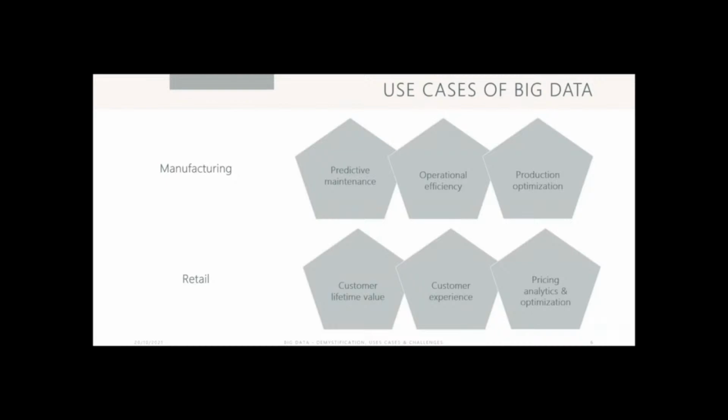We're talking about things like production optimization: how do you optimize your production line, and predict when there could be failure on the line? Are you stacking too much, and how best do you stack your raw materials? Big data can help you in that regard.